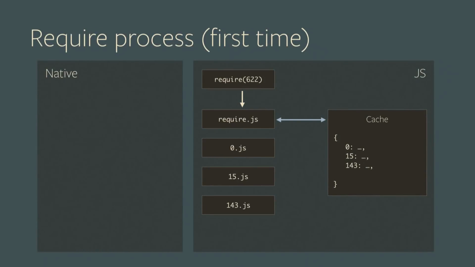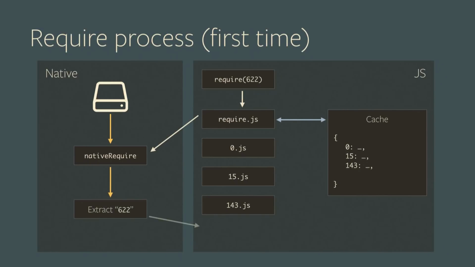For loading 622, in the case of React Native, we do not use JavaScript, we use the native side. The native side has a function called native require, which require will call, and will tell it, hey, can you please load 622 inside the JavaScript virtual machine? Now, native require will go into the disk, look at this gigantic blob, do the maths, take the first byte of 622, will extract where it is located, and will inject it inside the virtual machine.